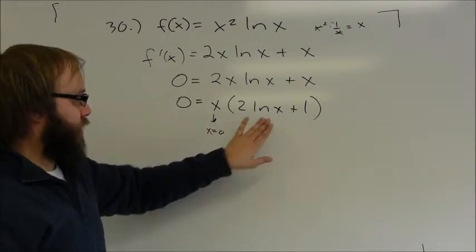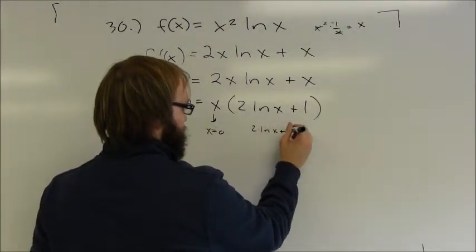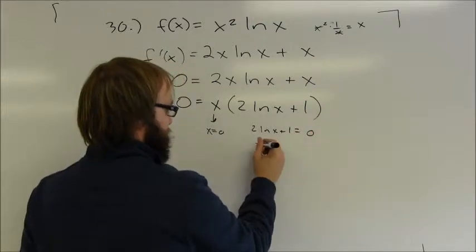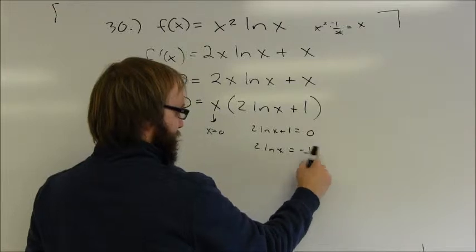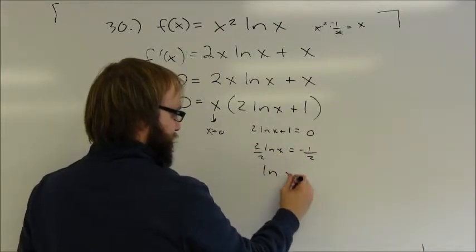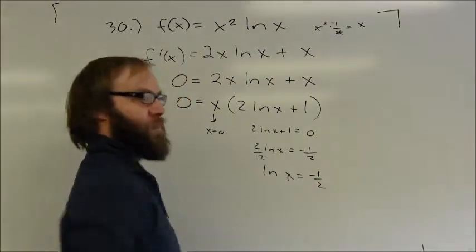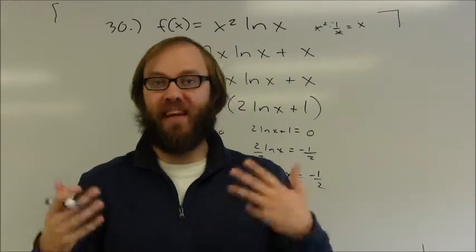And then second of all, I want to figure out what's going to make this equal to 0. So I'll set 2 ln of x plus 1 equal to 0. That means that 2 ln of x would equal negative 1. And then I can divide both sides by 2. And that's going to tell me that ln of x is equal to negative 1/2. If you go back to Algebra 2, you remember that a natural log is really just a log base e.